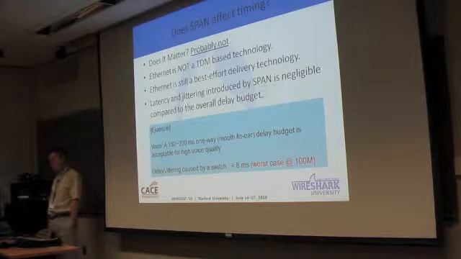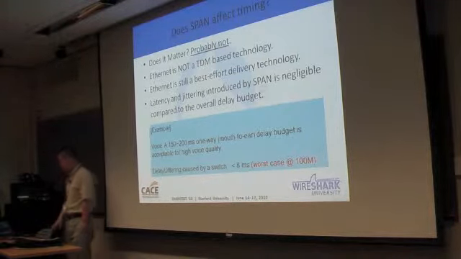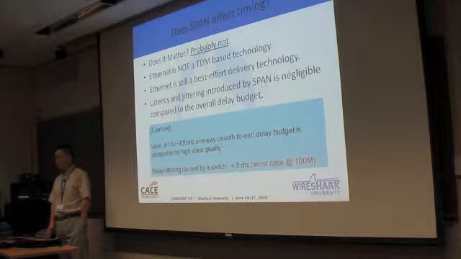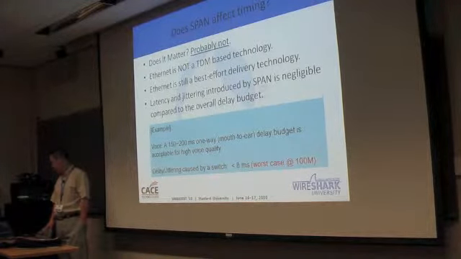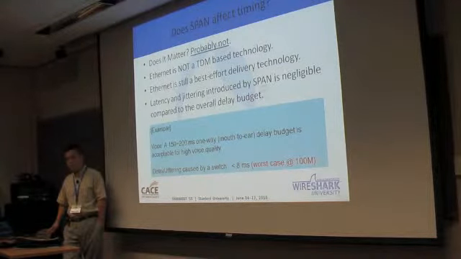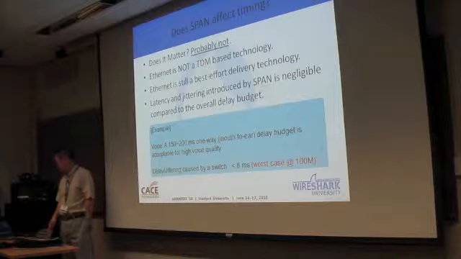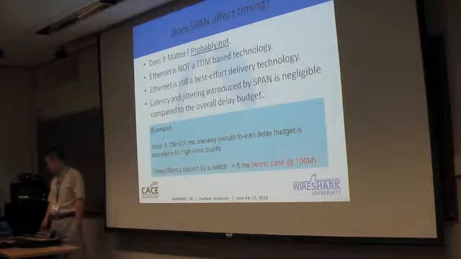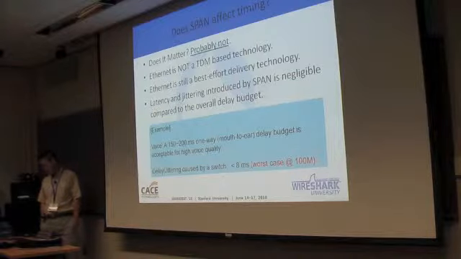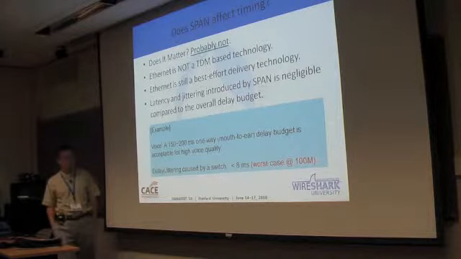My answer is probably not. First, Ethernet is not a TDM-based technology anyway. It's still a best effort delivery technique. And also, the latency and the jitter introduced by spanning is negligible compared to the overall delay budget.